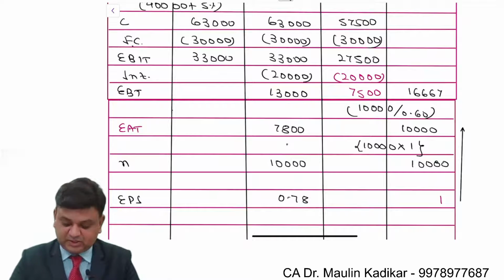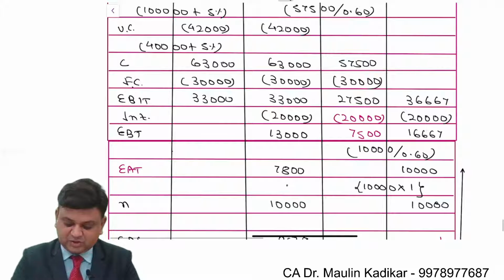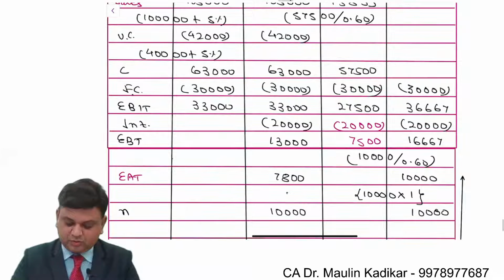Amount of interest is 20,000. This is 36,667. Amount of the fixed cost is 30,000. So contribution is 66,667.